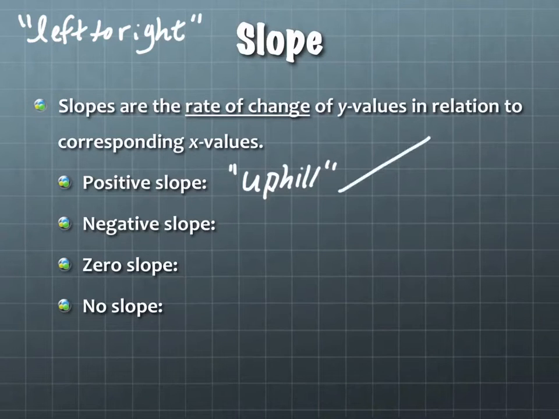And it would look something like that. Of course, lines with arrows on the end. And if you have a negative slope, again reading from left to right, you would be going downhill. And your graph would look like this. Maybe steeper, maybe not as steep, but it would be looking from left to right like you're going downhill.